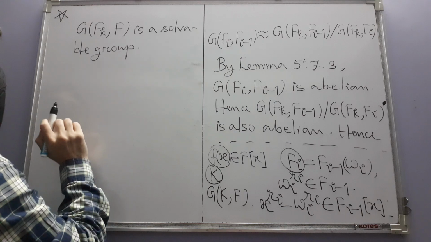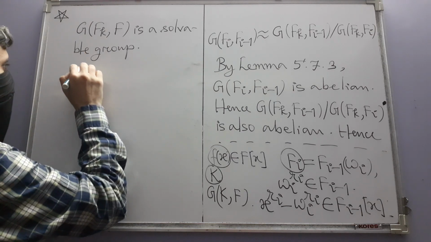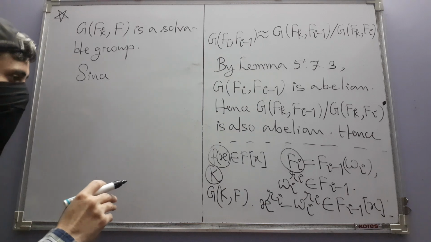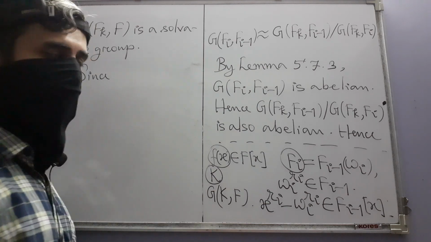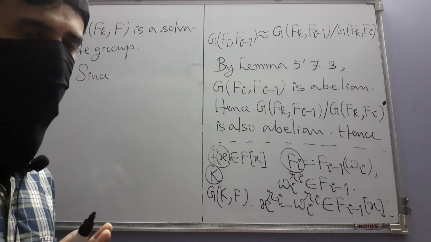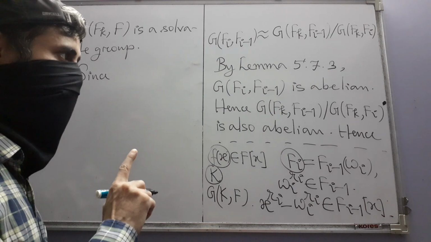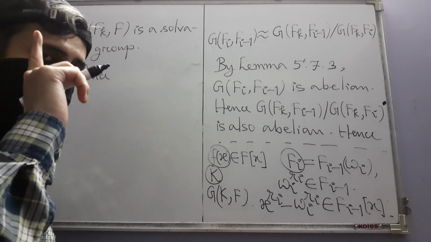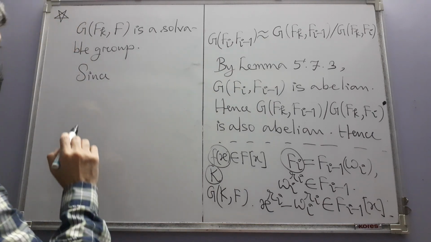Now note this. It's not the F_i's that we should be interested in. Our interest should be in the original splitting field K of our original polynomial p(x).